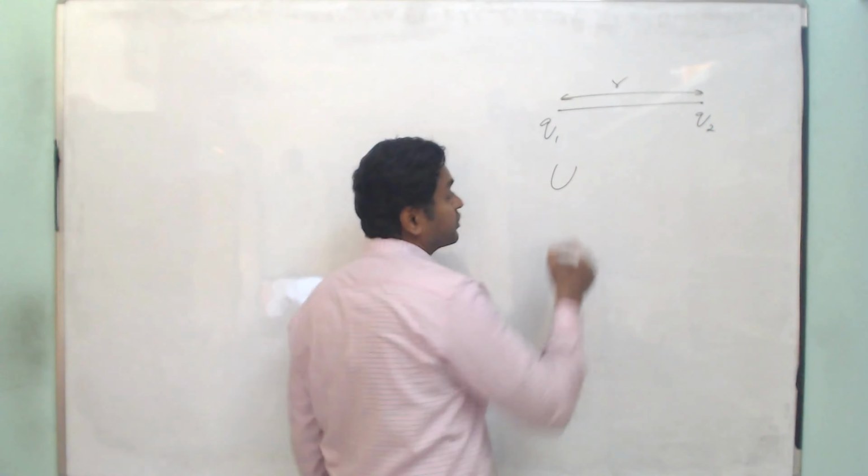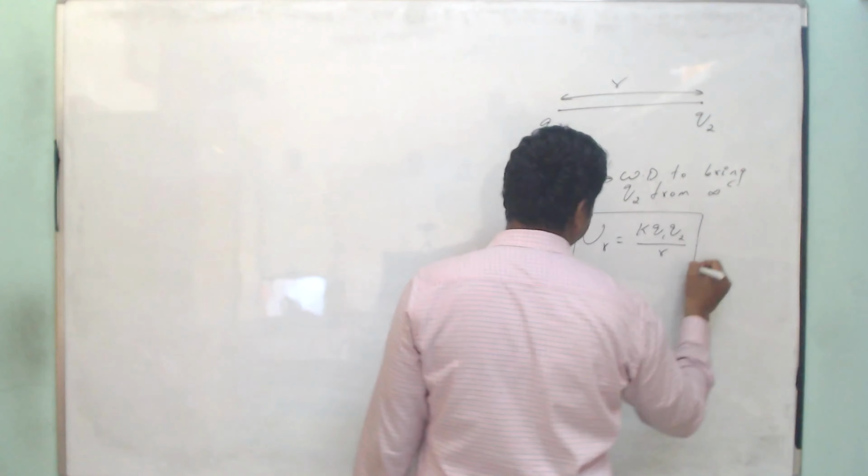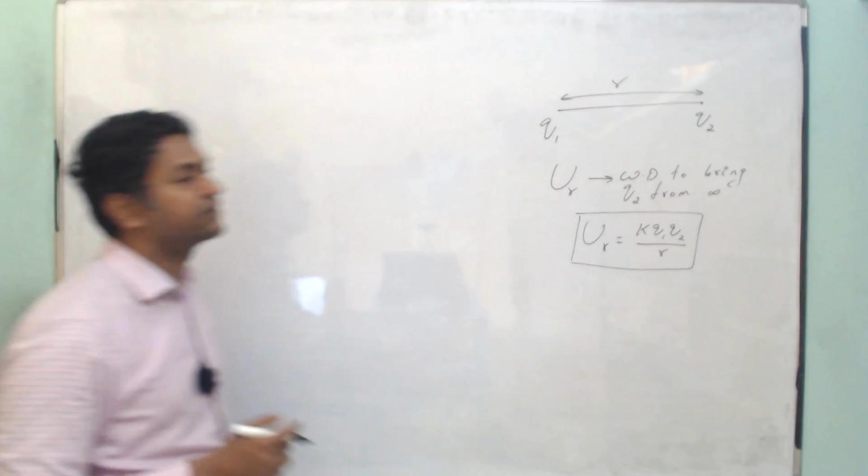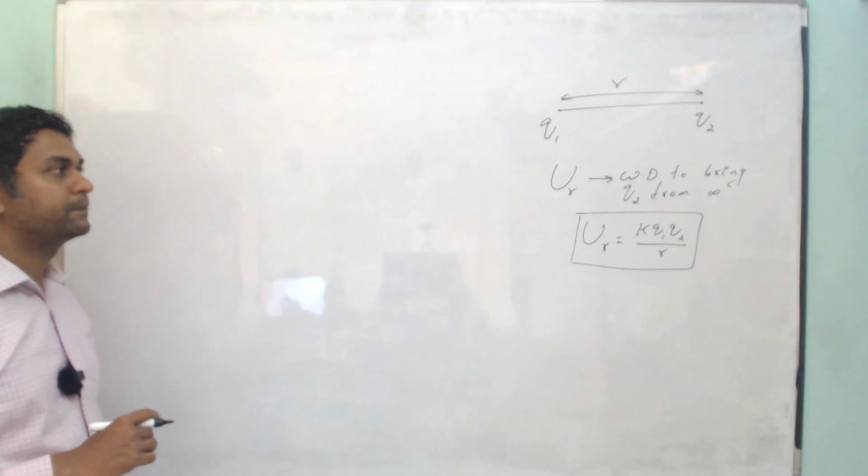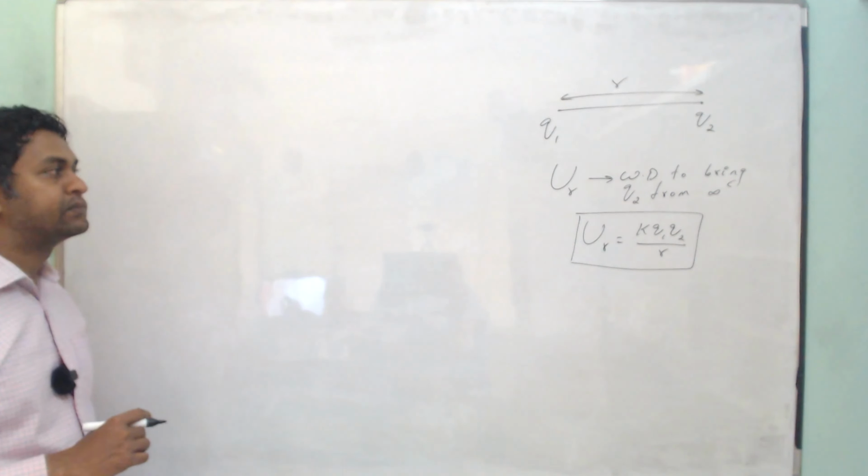Work done to bring Q2 from infinity is our electrostatic potential energy, and we got it as K Q1 Q2 by r. It's a scalar because energy is always a scalar, so we are not worried about the direction story.